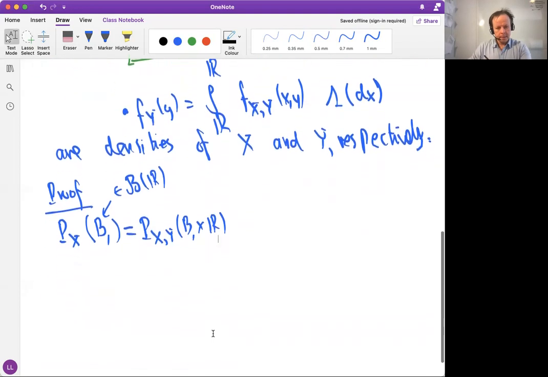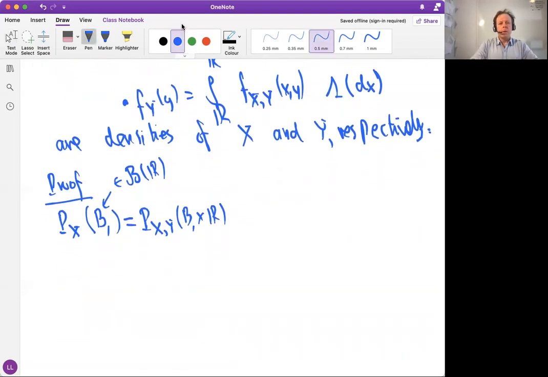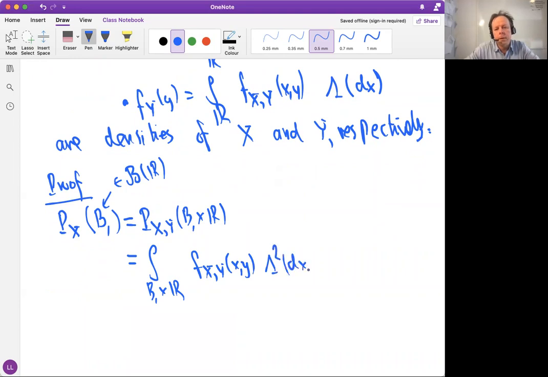And now we can write this as an integral over B1 times R, because the joint law has a density, using the bivariate Lebesgue measure.